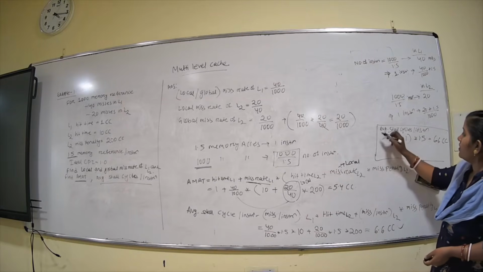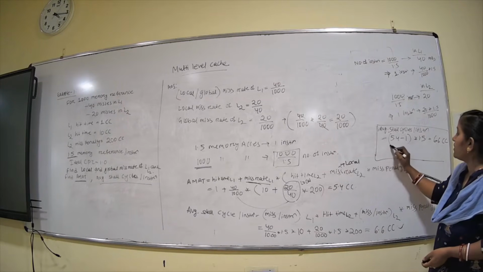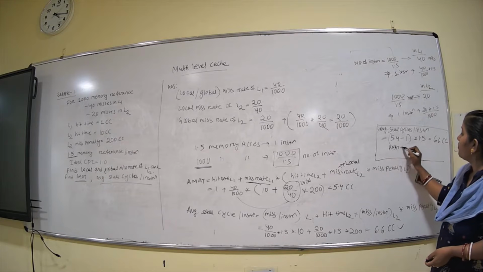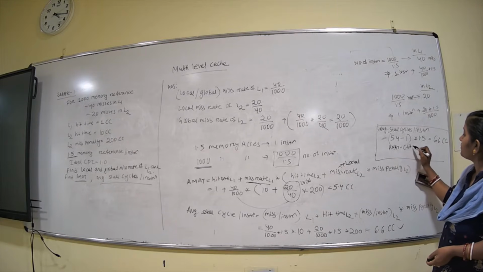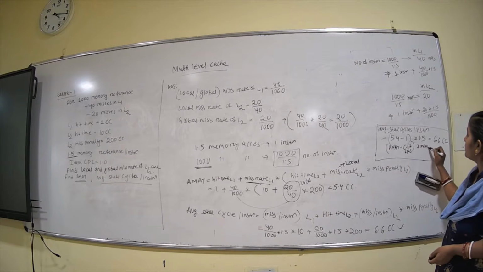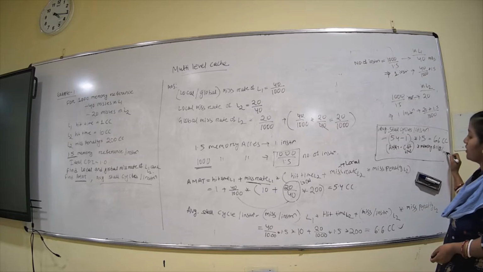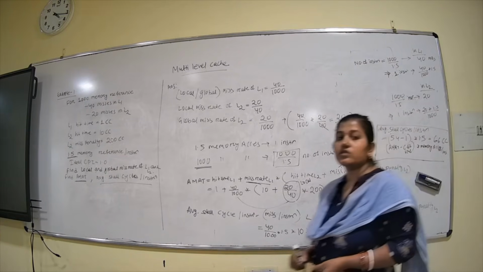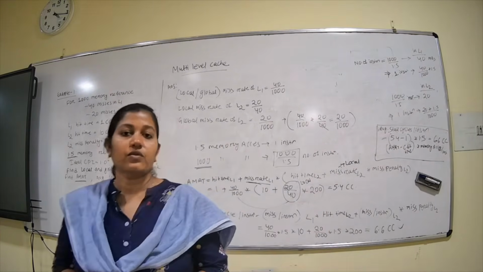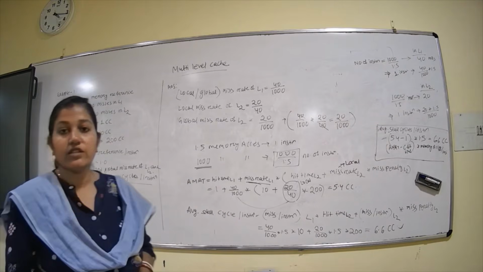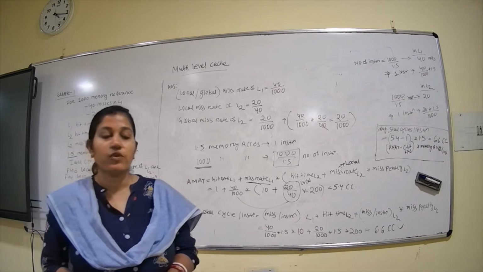The same thing you can calculate using another formula: average memory access time minus cache hit time, multiplied by memory accesses per instruction. You just put it and you will get 6.6 clock cycles. Okay. Now we'll see another example, based on these formulas.